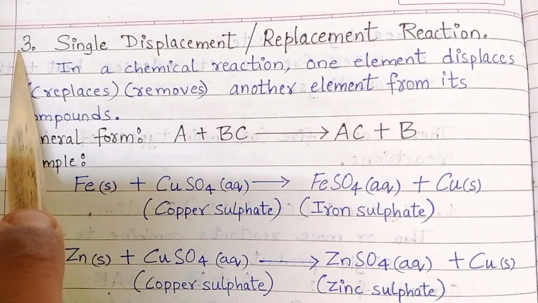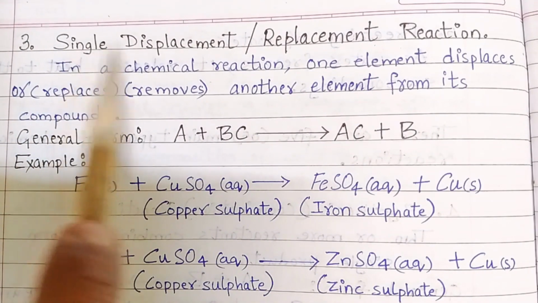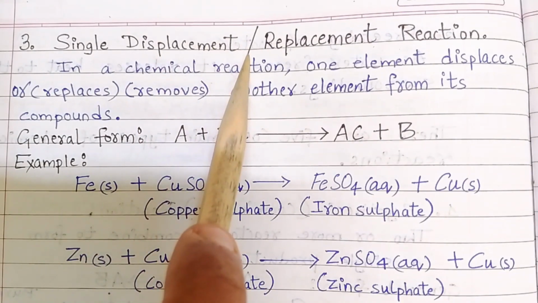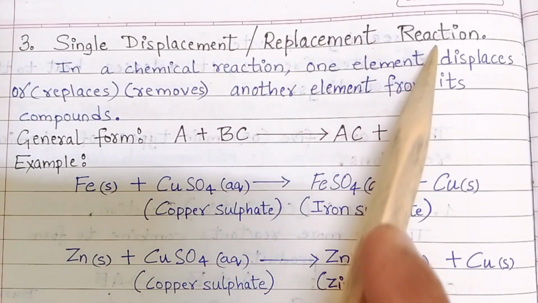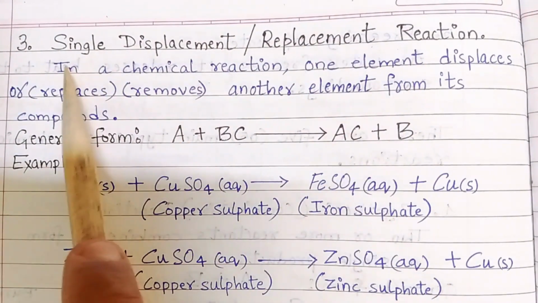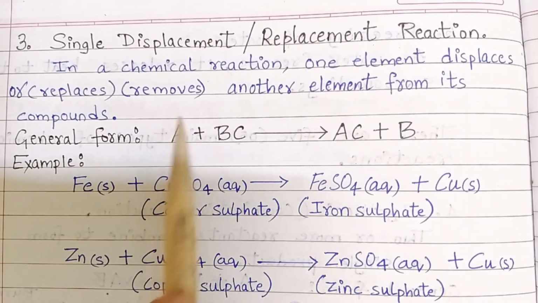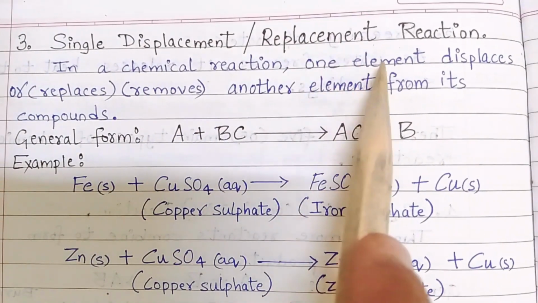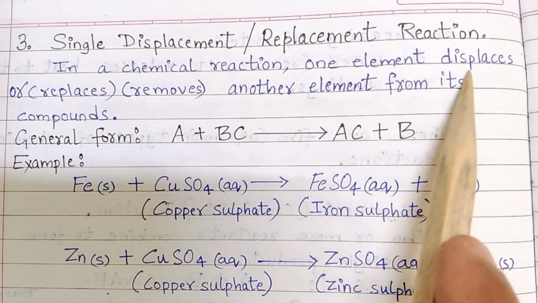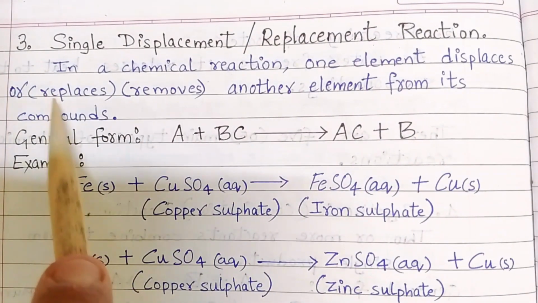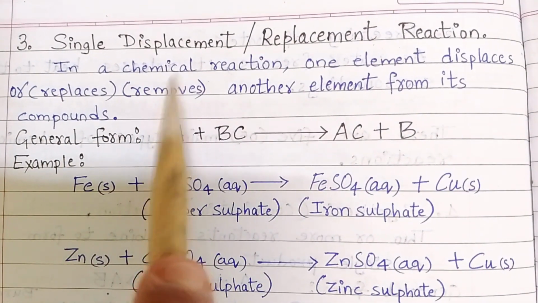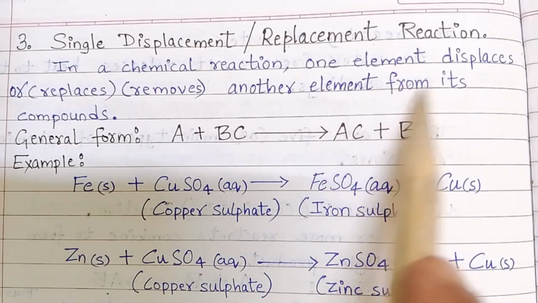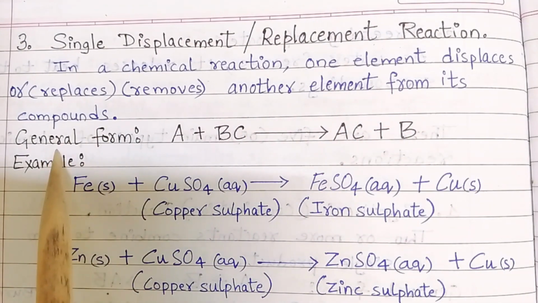Number 3: single displacement or replacement reaction. In a chemical reaction, one element displaces or replaces another element from its compound.